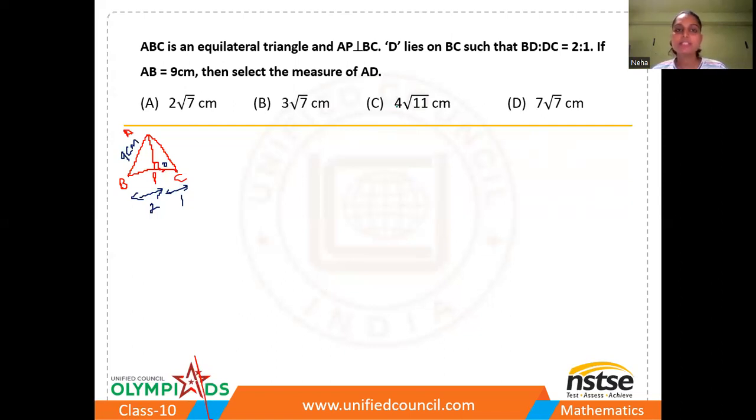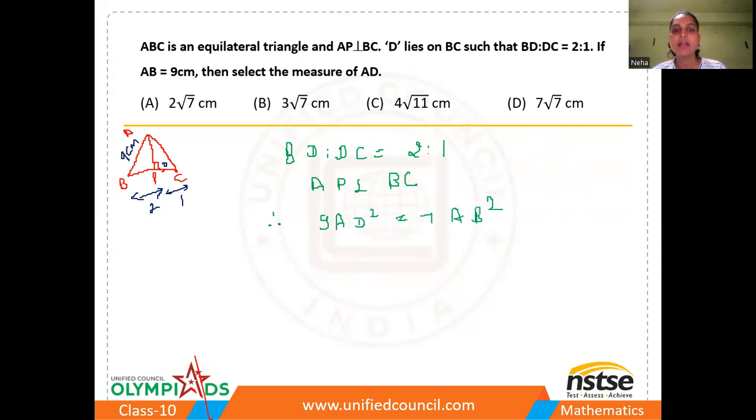So, first of all, the things that are given in the question. The first thing given is that BD ratio BC is 2:1. Clear? The second thing given is that AP is perpendicular on BC. So if AP is perpendicular on BC and BD ratio BC is 2:1, then I can say one thing: 9AD square is equal to 7AB square.